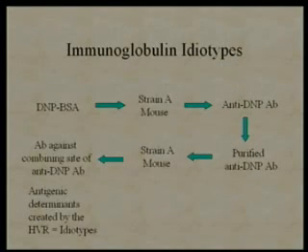All right. So these are determinants that are created by the hypervariable regions. Now, as I said, you can find them on both the heavy chain and the light chain. Sometimes, however, the actual determinant becomes a conformational determinant that is created by both the hypervariable region of the light chain and the heavy chain. So in other words, it's some conformation that involves both hypervariable of the light and hypervariable of the heavy.